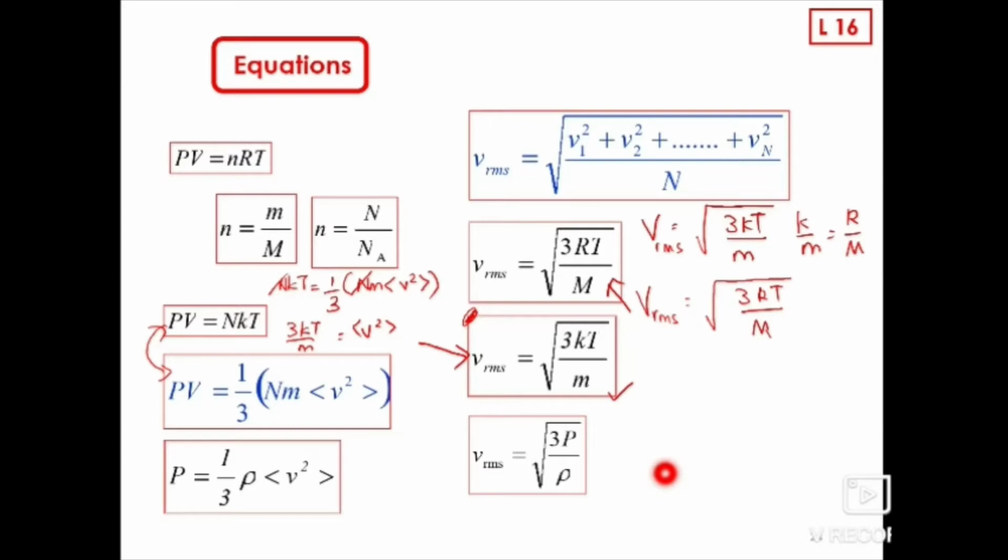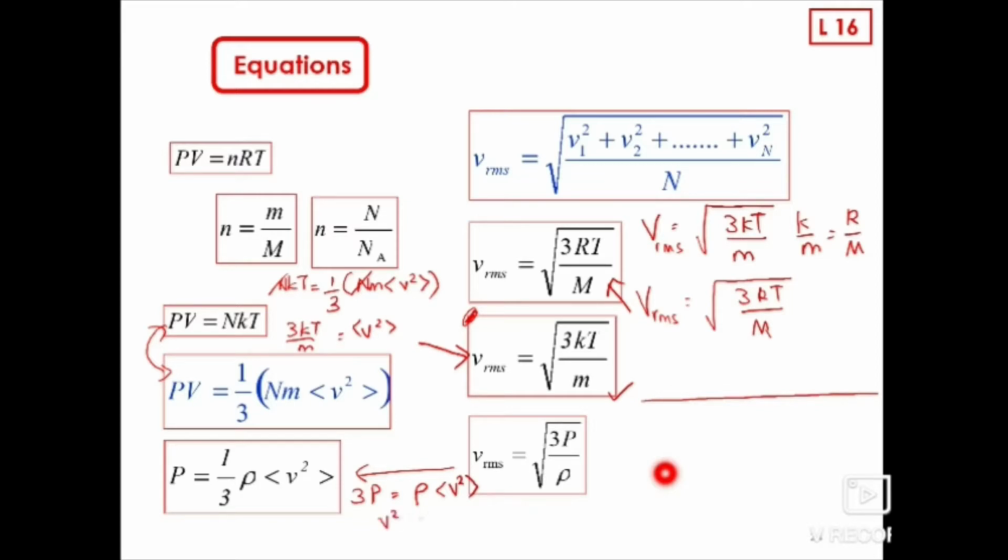VRMS equal to square root of 3P over rho. Rho stands for density. Actually, it comes from the equation P equal to 1 over 3 density times the V square. So here we get 3P equal to rho V square.